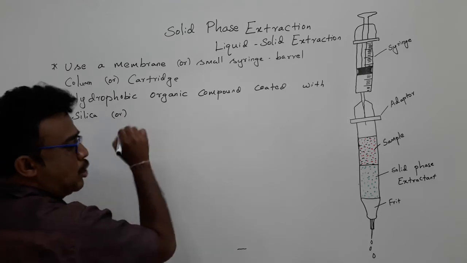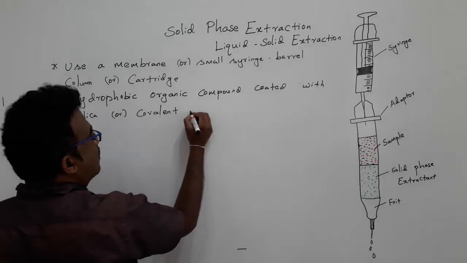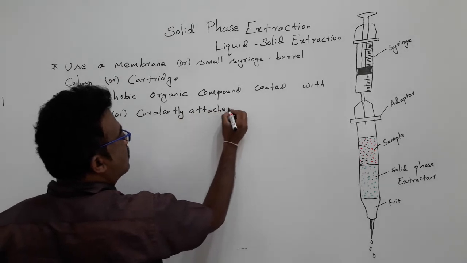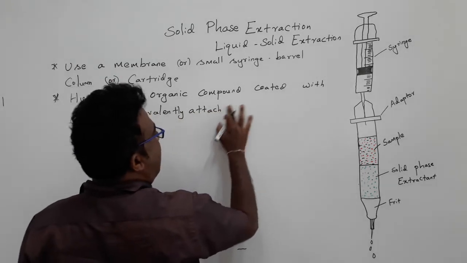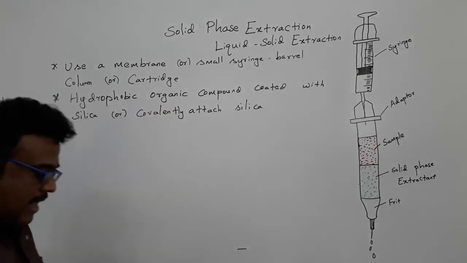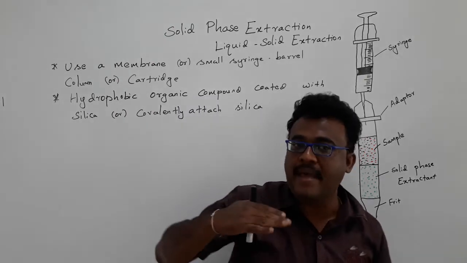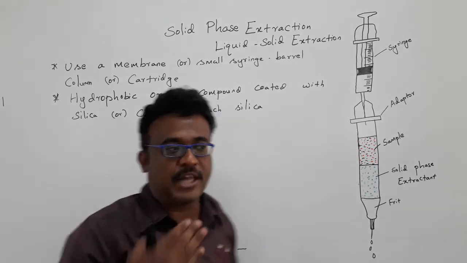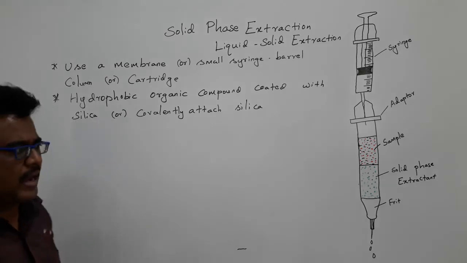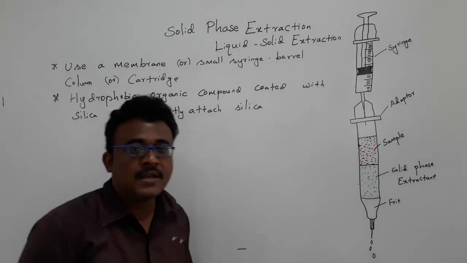You can attach any kind of hydrophobic component covalently. The silica can be modified by hydrophobic groups, because you can coat the silica layer with a hydrophobic moiety, or the silica can be attached with hydrophobic moieties. Either way, that provides a kind of hydrophobic environment to the system.